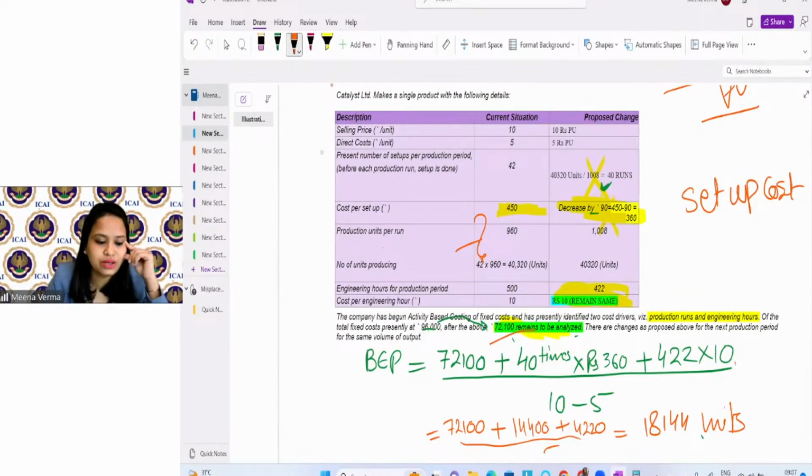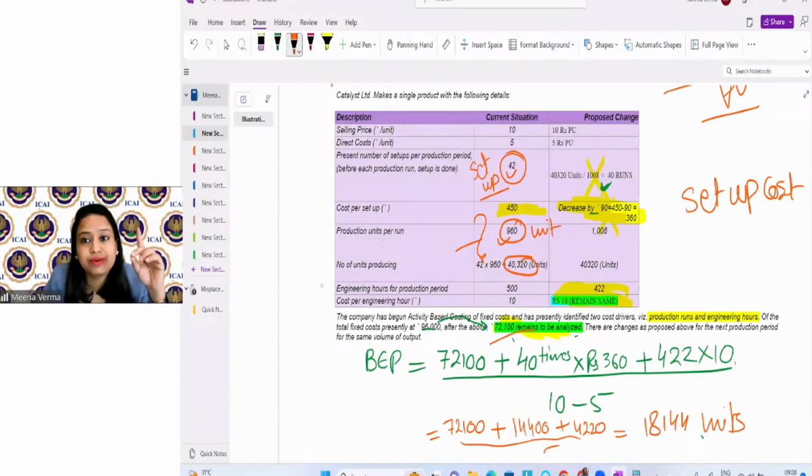We don't know how many units we are producing. So you can see here, they have given you this number of setups, the number of times they have set up the machine, and in one setup they are producing this many units. If we multiply these two values, we get the total units that we are producing, under the proposed system. In one production run, we will produce this many units.